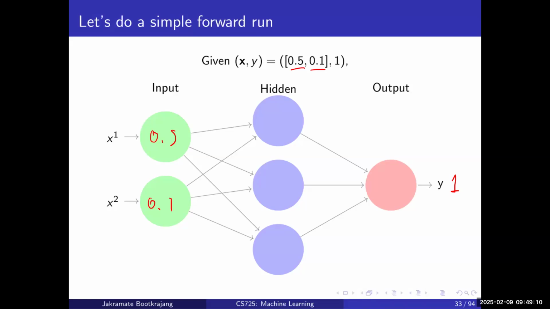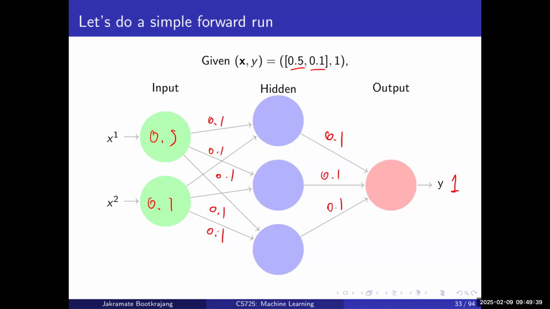So how should we compute the weights? Let's start with random weights. Maybe I put 0.1 for every weight, and let's see what the numbers are.